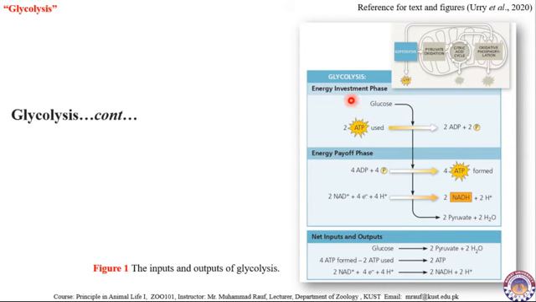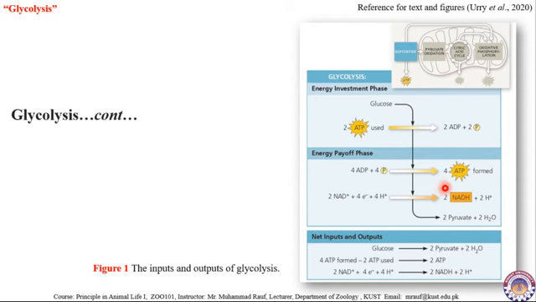You can see here, this is the first phase, which is the energy investment phase. Here 2 ATP molecules are used. The phosphate group provided by these ATP molecules is attached to the substrate, and the substrate molecules are rearranged so that energy can be derived from them later on in the process. And then 4 ATP molecules are produced through this process. Now 2 ATP molecules were used initially, and then 4 ATP molecules are produced.